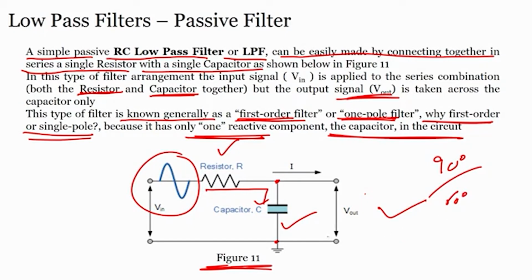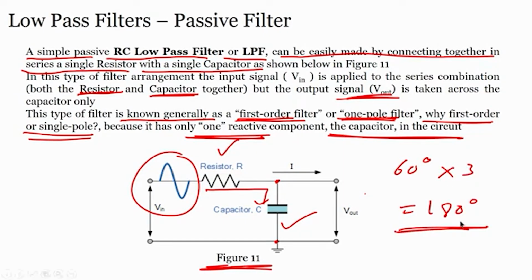In oscillators, how many RC were there? 3R and 3C, and each one gave us 60 degrees of phase shift. So, with 3 RC we got 180 degrees of phase shift as feedback to the oscillator, the feedback circuit of the oscillator.